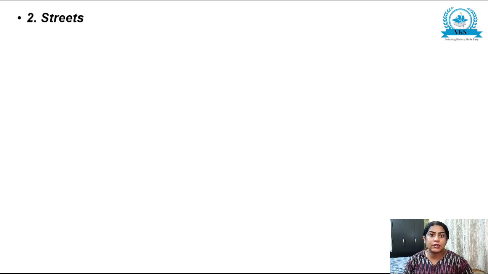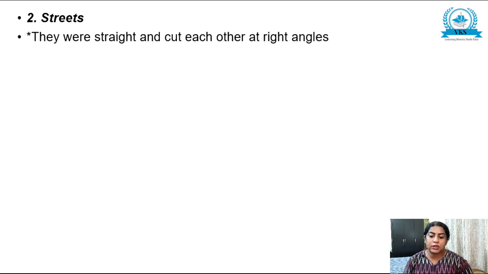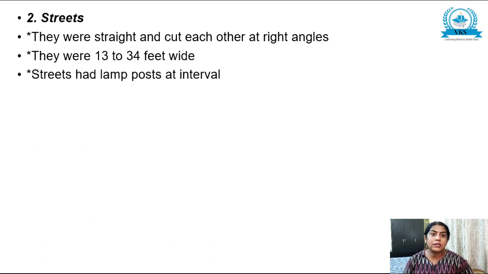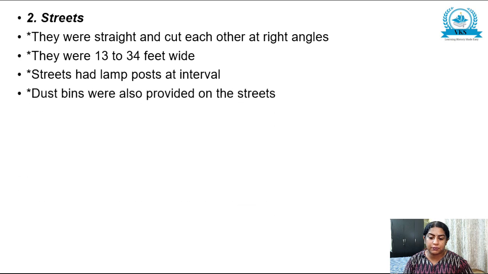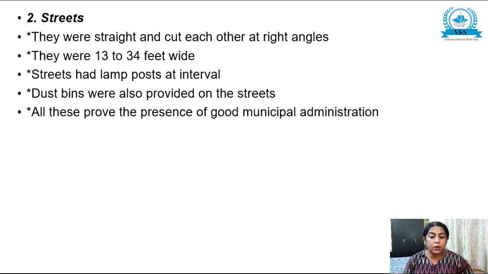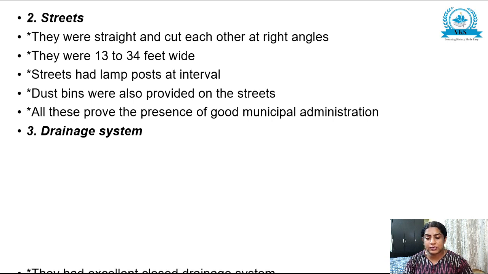Then the second subheading, you can write about streets. They were straight and cut each other at right angles. They were 13 to 34 feet wide, and streets had lampposts at intervals. Dustbins were provided in all the streets, and all these prove the presence of a good municipal administration in Indus Civilization. The next subheading, drainage system.